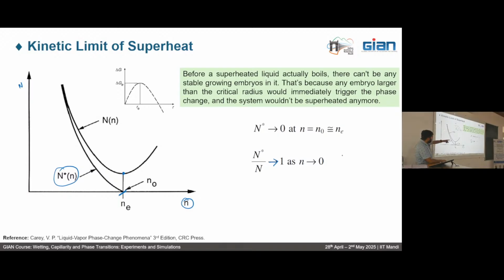So when n is approaching 0, the number of embryos in equilibrium and non-equilibrium state are almost equal. That's why the ratio approaches 1. So we can have this plot where this is for your equilibrium and this is for your non-equilibrium.